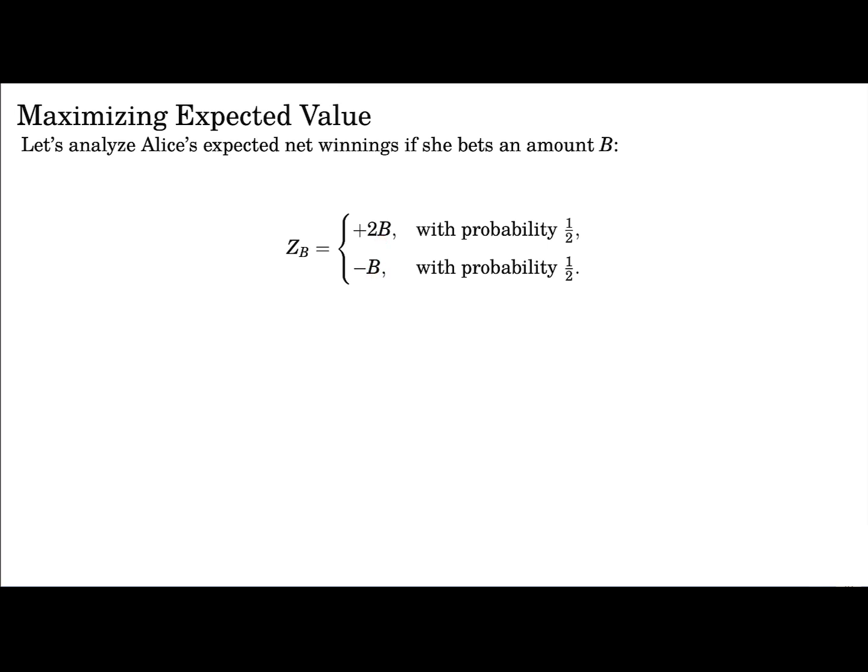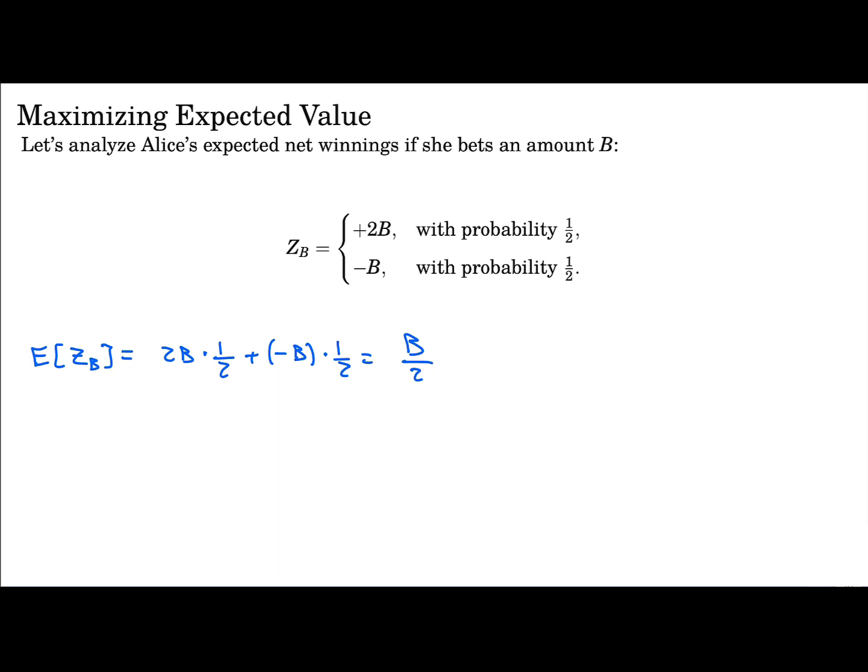Now if we do the expectation of betting B dollars, this is going to be 2B times half plus (-B) times half, which is just B over 2. So the expected net gain is B over 2.